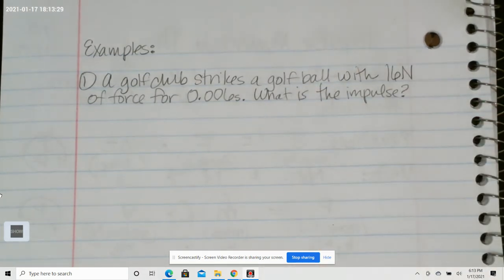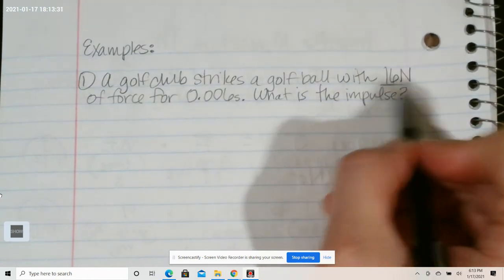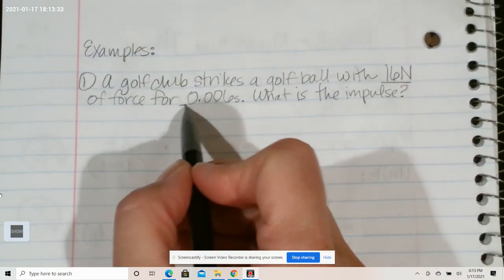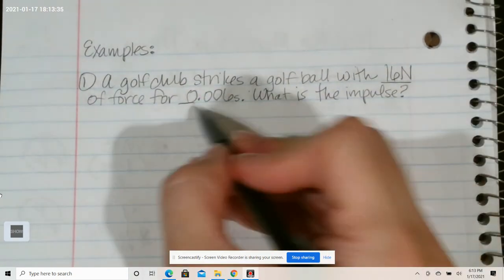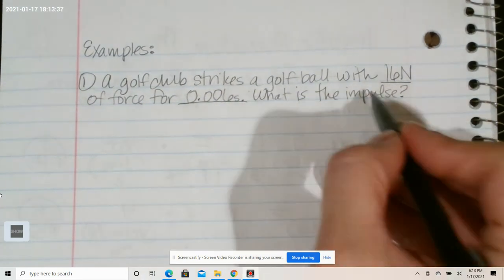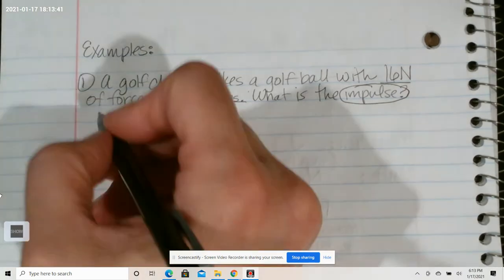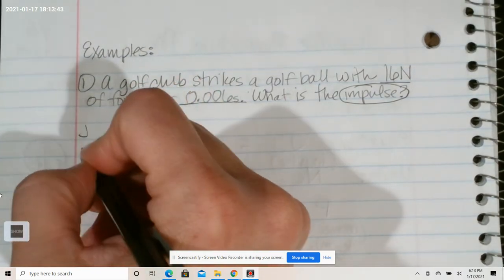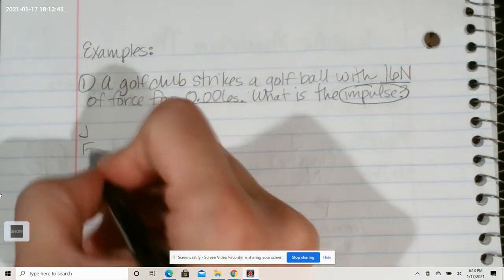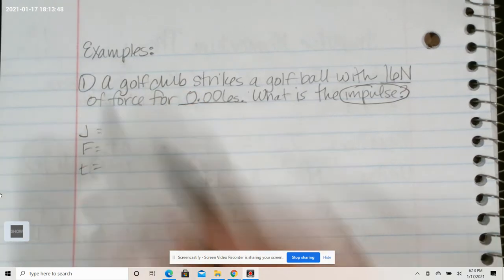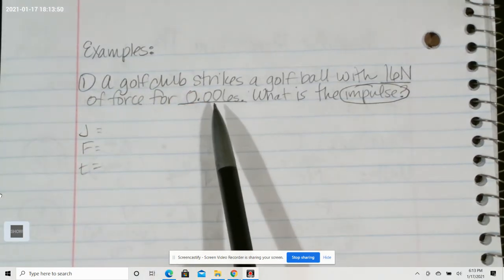All right, so we have a golf ball with 16 newtons of force. We have a time of 0.006 seconds. We're looking for impulse. Okay, so we need to solve. We're going to need a J, and we're going to need an F, and we're going to need a T. Now, you're going, wait, how is that a change in time? Isn't that supposed to be change in time?